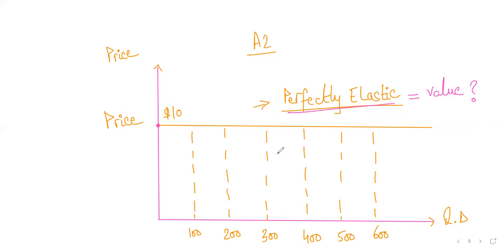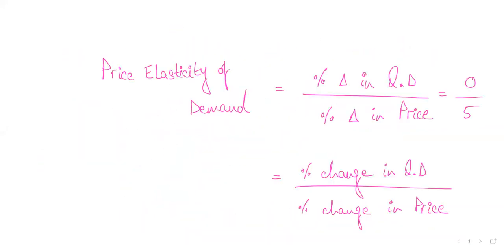Okay, now think about this. Let's go back to the formula that we were looking at. In this perfectly elastic demand curve that looks like this, you have price on the y-axis and quantity demanded on the x-axis. Price is not changing, demand is changing. Price is fixed, I just told you, whatever it is, let's say $10, $9.